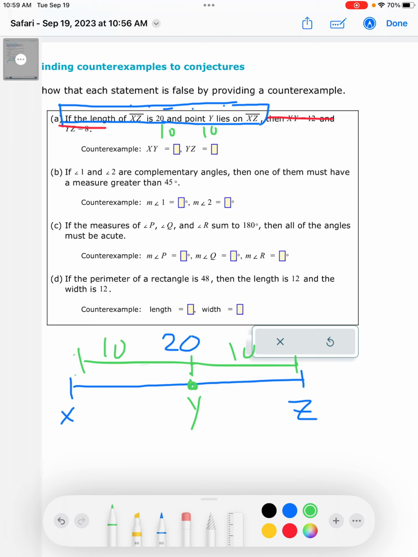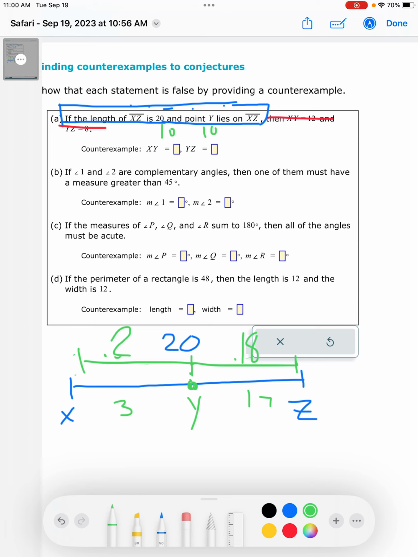Now, is 10 and 10 the only answer? No. I have to add up to 20, so I could have said 2 and 18. I could have said 3 and 17. Even if it's not drawn to scale, I know that I could use those numbers. I could just move the point around to make a better picture.